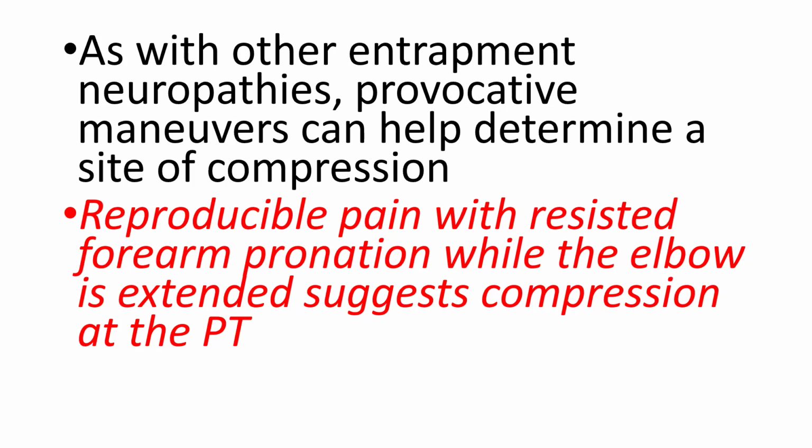So when you force your forearm into pronation against resistance, this will kink the tendon and the nerve in between, and as a result, they will have symptoms. Keep this in mind. This is a known fact.